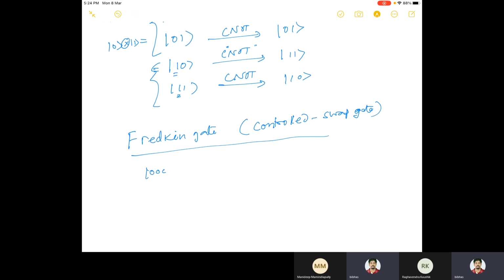So 0 0 0 will go to 0 0 0, and 0 0 1 will go to 0 0 1. It will not act on anything when the first qubit is 0. The first qubit is the control here. And 0 1 0 will go to 0 1 0, this will remain fixed, and then 0 1 1 will go to 1 0 0.